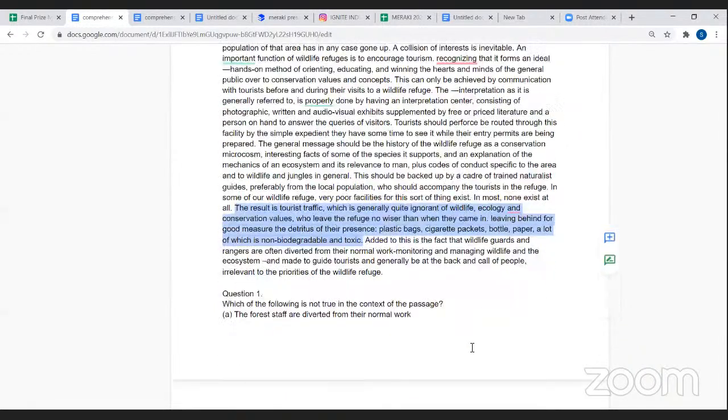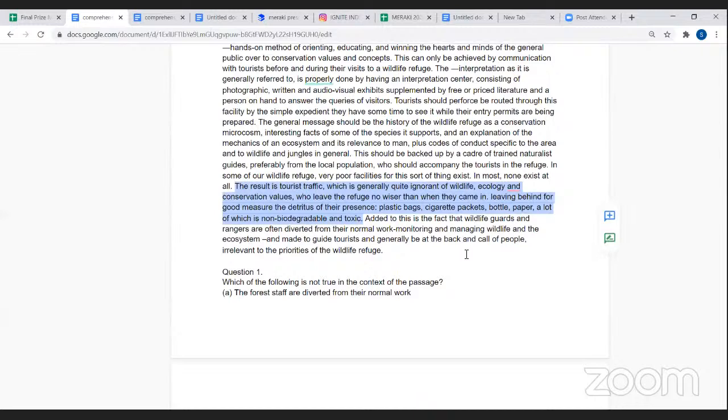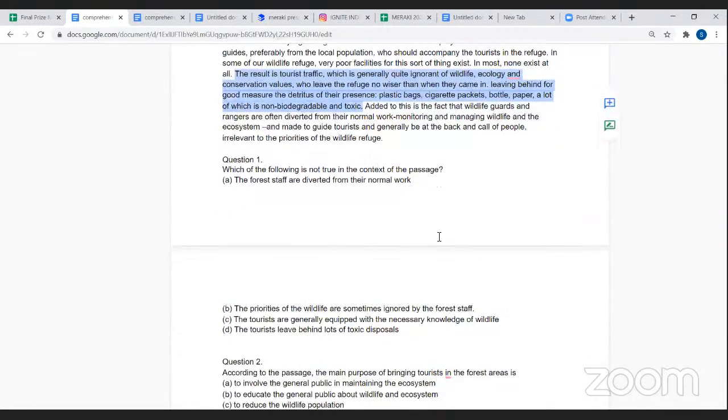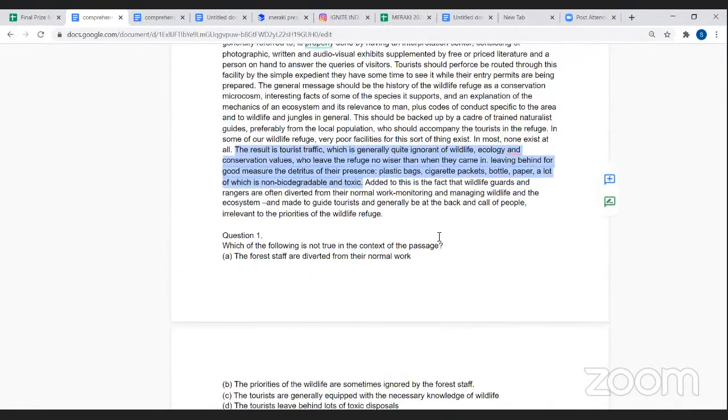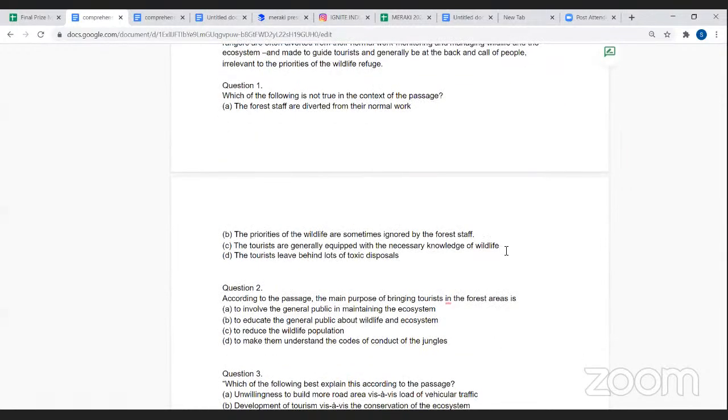So even the fourth one is kind of correct. So it is option C.